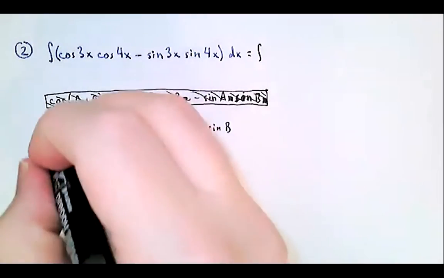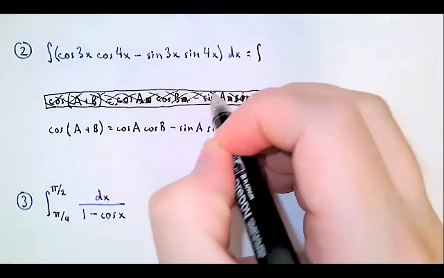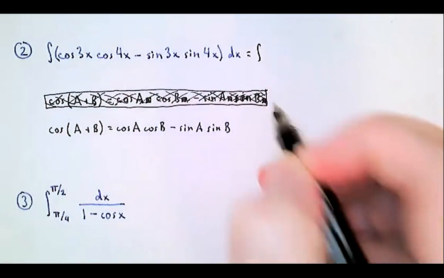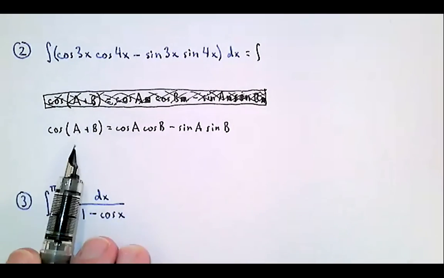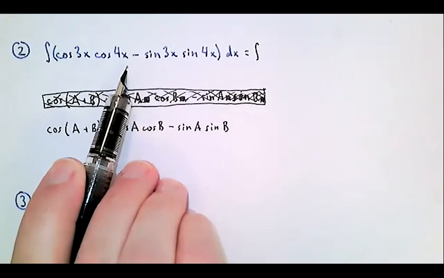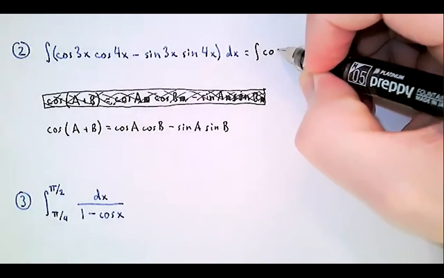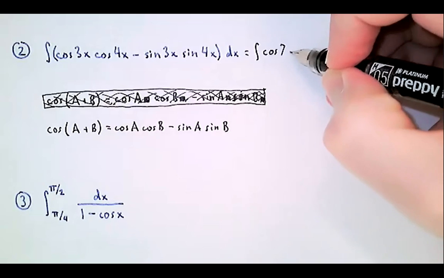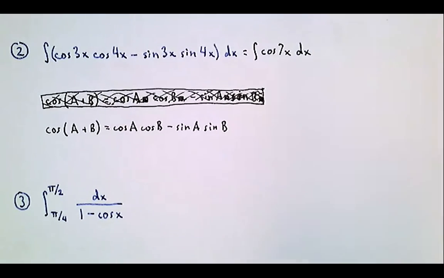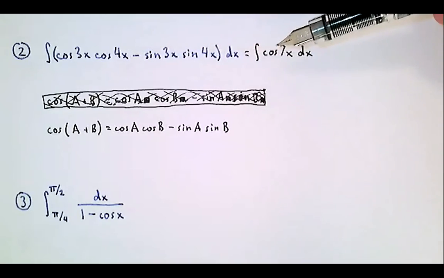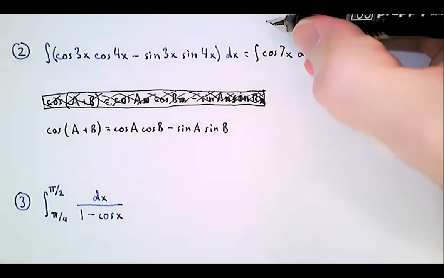That's what I get for trying to talk and write at the same time. Okay, so this whole complicated expression simplifies down to just cosine of 3x plus 4x. So it's cosine of 7x dx. Something complicated becomes very simple as long as we remember a little bit of trigonometry.